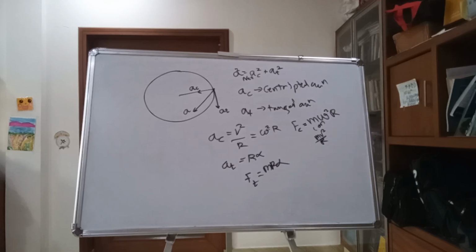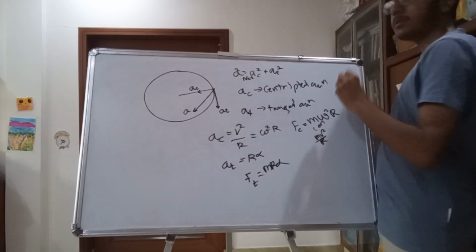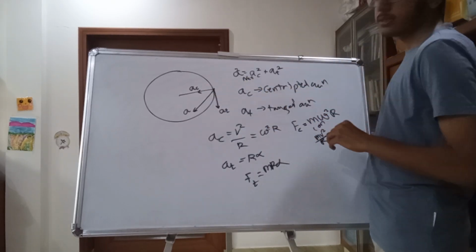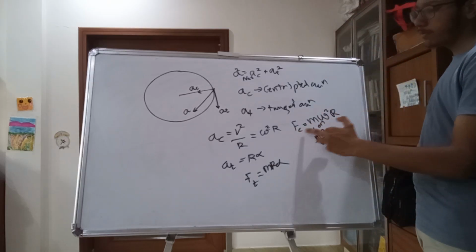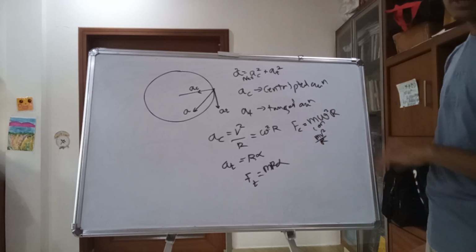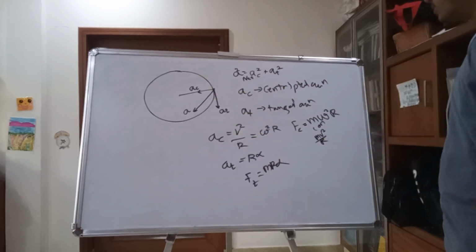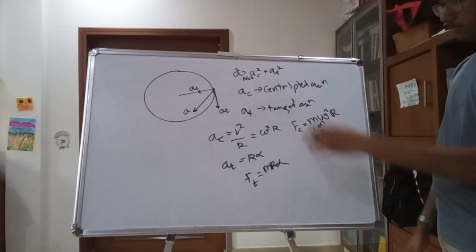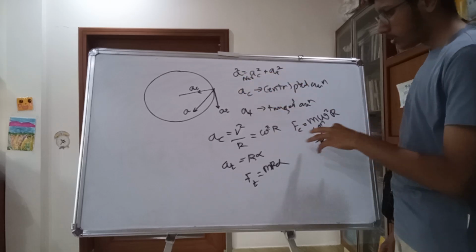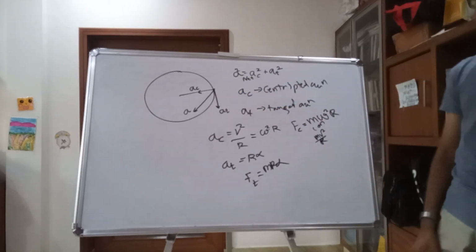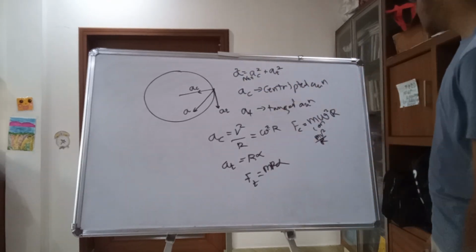See, centrifugal force is the one which is trying to pull the block away from the circular motion. That we'll discuss. But magnitude wise, centripetal force and centrifugal force have the same formula, so only the direction is going to change.